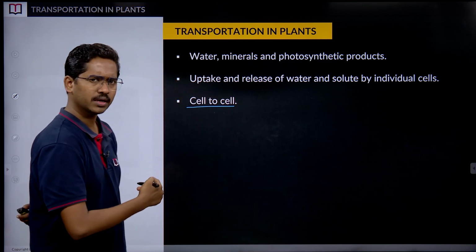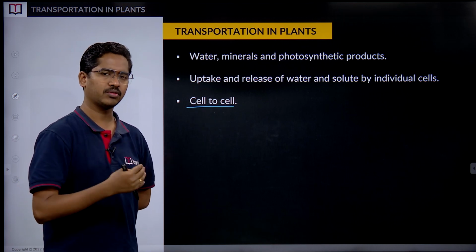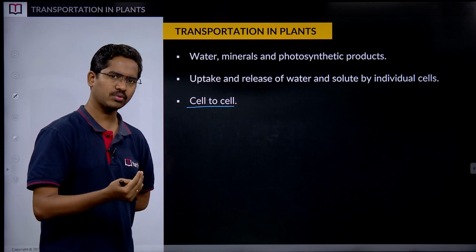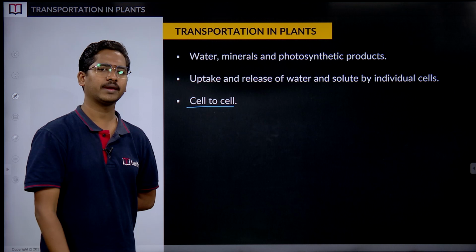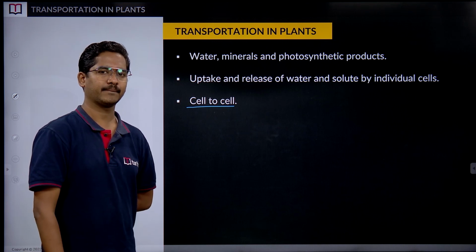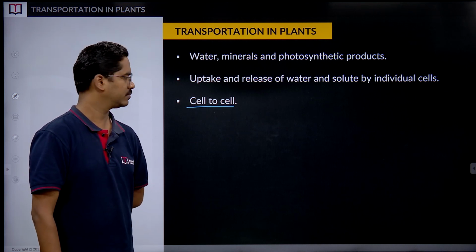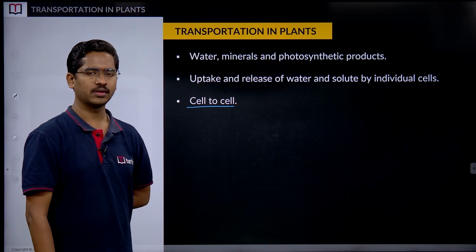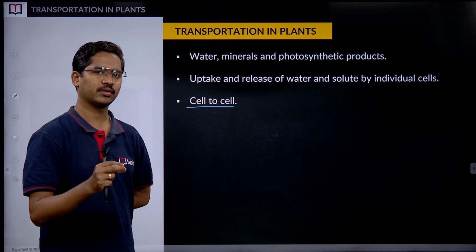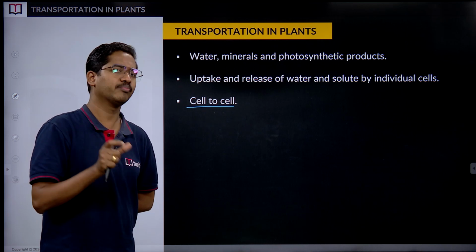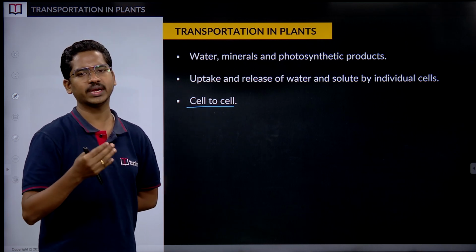Do you agree with that? Transportation in plants happens from cell to cell. Do you agree with that? Yes. So, can you tell me how it occurs? Transportation in plants between cell to cells, how does it happen?